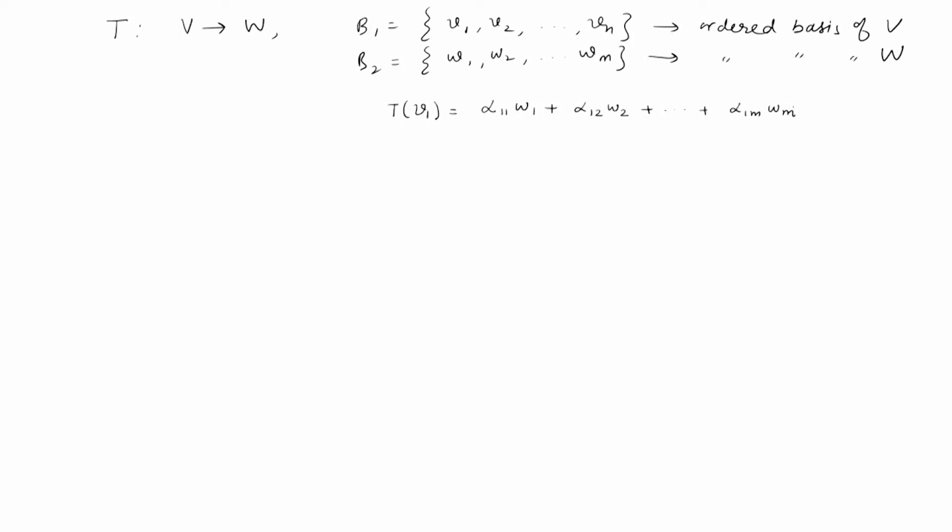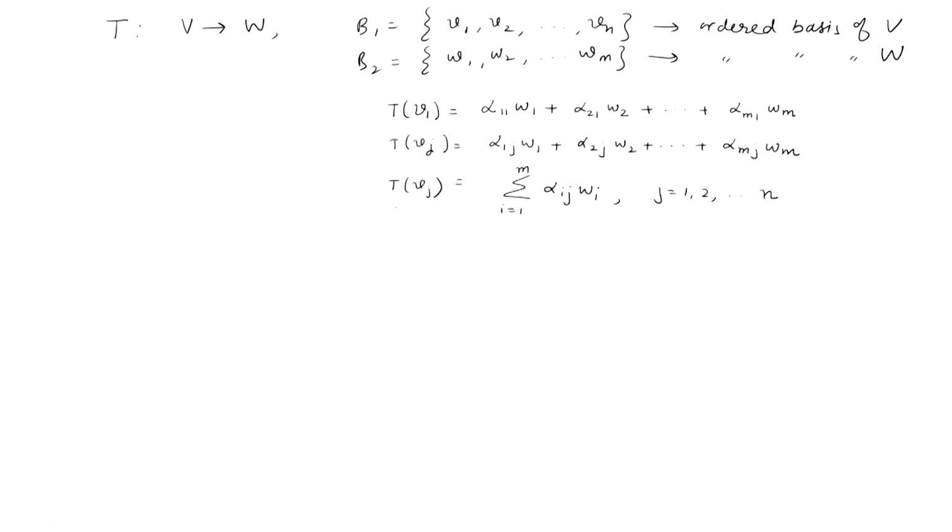These are the scalars, you see. Similarly, if you want to write T of Vj, where j runs from 1 to n, it will be alpha 1j W1 plus alpha 2j W2 and so on up to alpha mj Wm, or it can be written as the summation, i running from 1 to m, of alpha ij Wi, with j running from 1 to n.